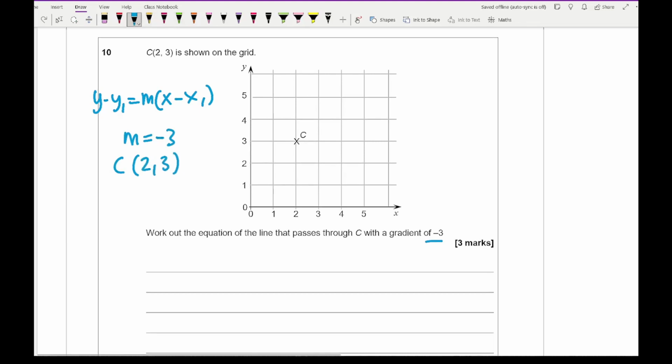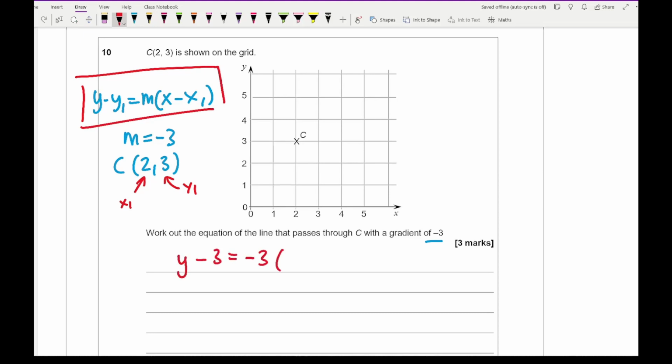So 2 is my x1 and 3 is my y1. Substituting those values into this formula, I get y minus 3 equals minus 3(x minus 2). So that becomes y minus 3 equals minus 3x plus 6. So then the equation is y equals minus 3x plus 9.